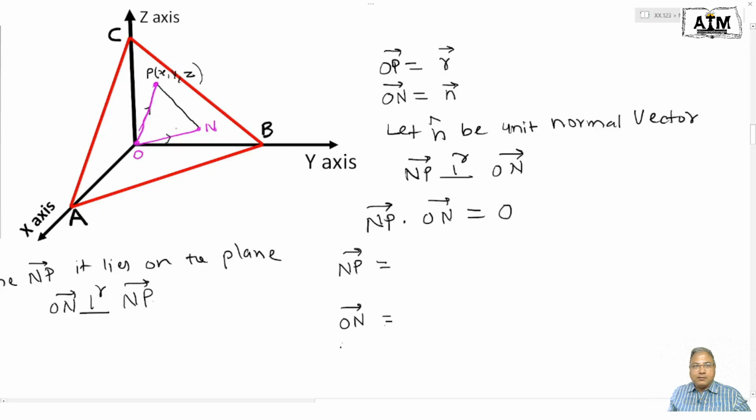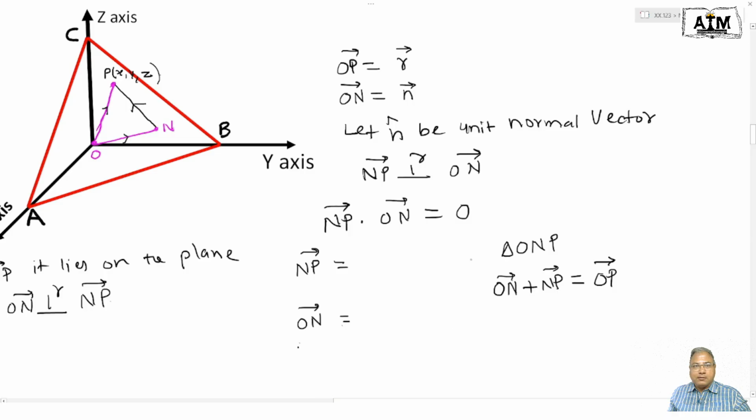Now, complete the vector diagram by drawing arrow marks. Now, we got here the triangle ONP, and from this triangle, the addition of vector ON plus NP equals vector OP.